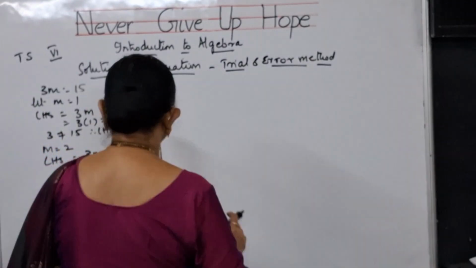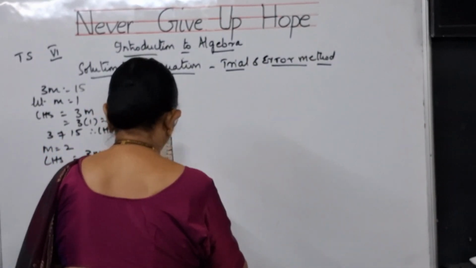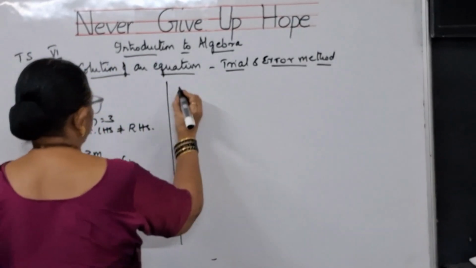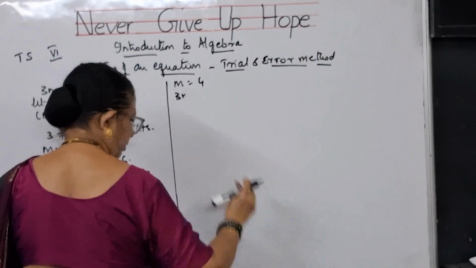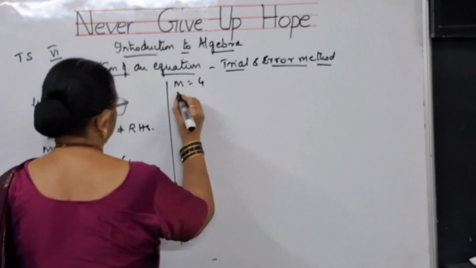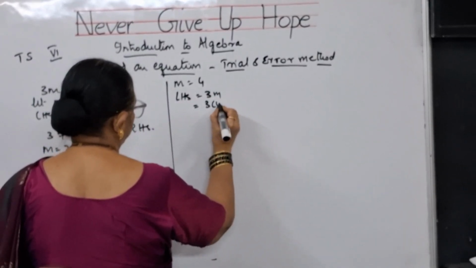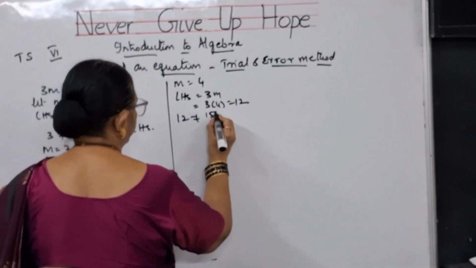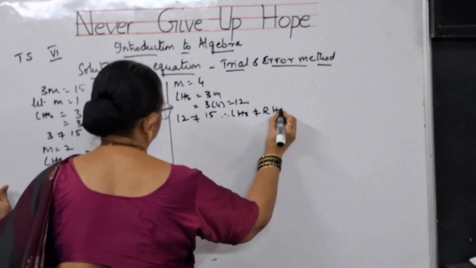Now, let us take m is equal to 4. LHS is 3m. 3 into 4, that is 12. 12 is not equal to 15. Therefore, LHS is not equal to RHS.